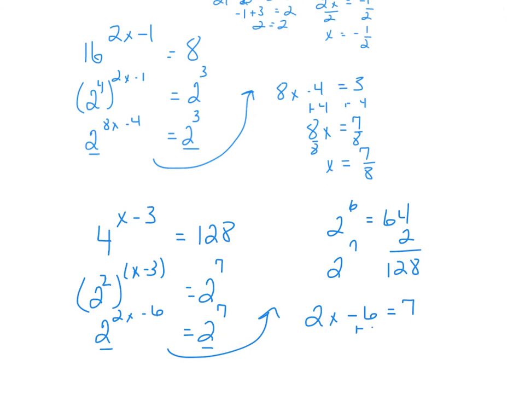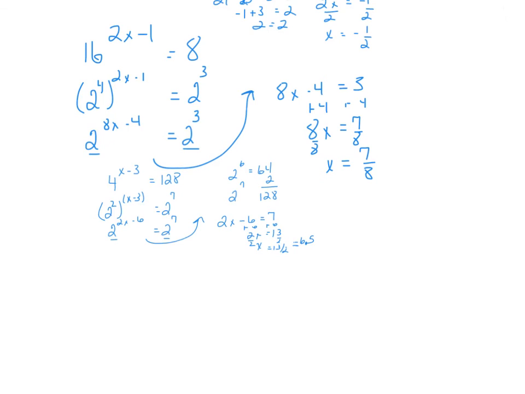Add 6 to both sides, and we get 2x equals 13. And if we divide both sides by 2, x is 13 halves, or we could say that it's 6 1/2. Either answer would be correct, either 13 halves or 6.5.